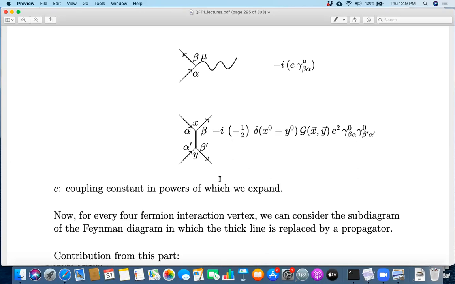It is true that e is not adjustable in experiment; in nature, e is fixed. But in theory, if you just think of QED as an abstract theory, then e can take any value that you like. Your theory is perfectly consistent even for any e. That's why you take e as a coupling constant in which you expand. But as I said, this will of course be useful only if e is small, and in nature, e happens to be small.